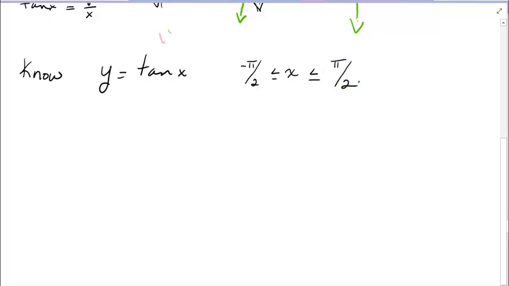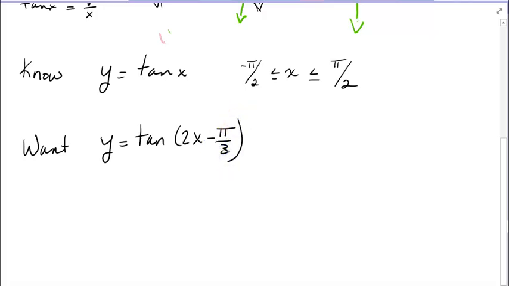It's defined between negative pi over 2 and pi over 2. And once we get to negative pi over 2 or pi over 2, we have an asymptote. If you utilize that information, it's easy to find those asymptotes because watch. Suppose I want to graph y equals tan of 2x minus pi over 3.